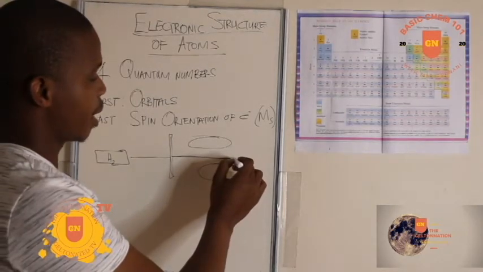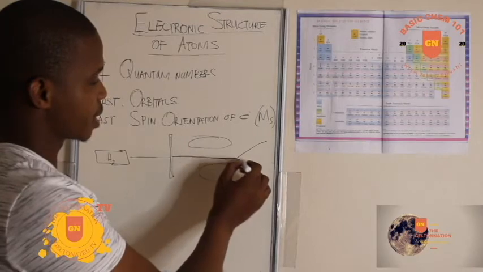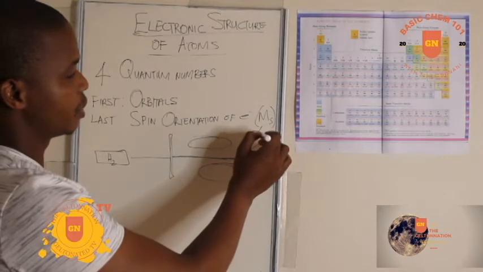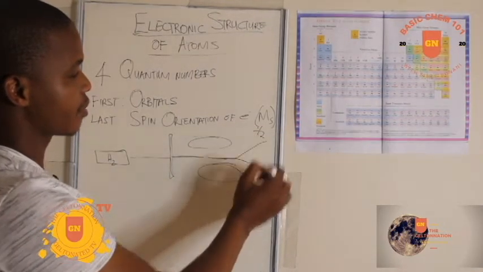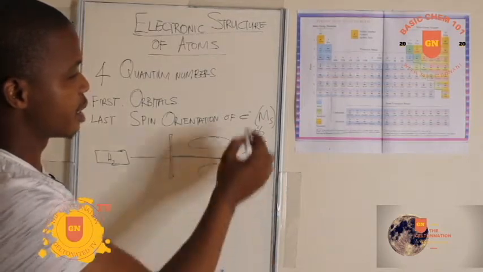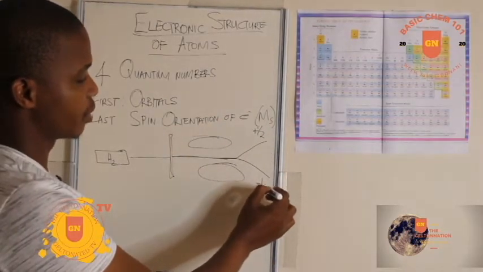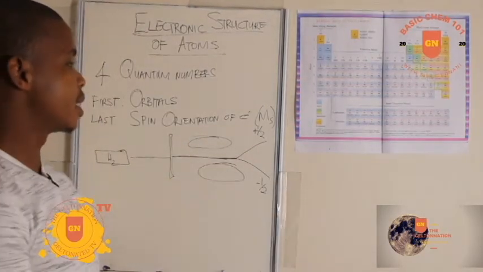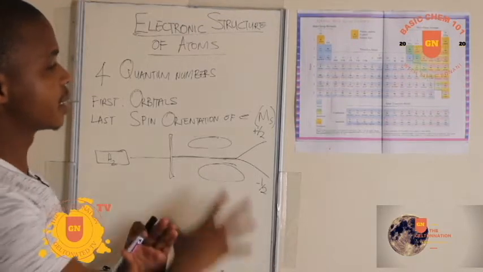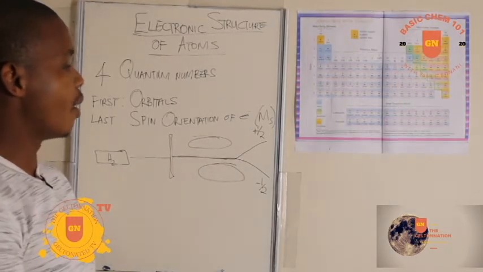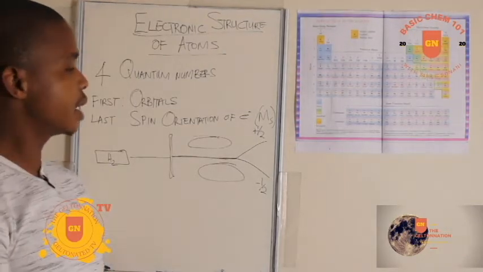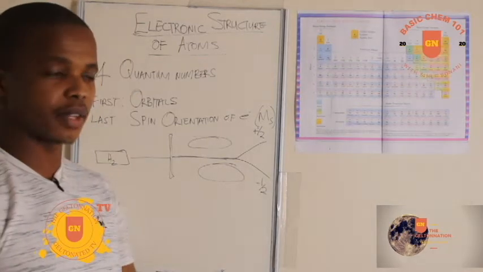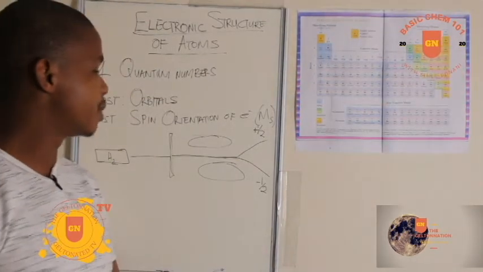But every time, one electron would go this side and one electron would go this side: this one would be your positive one-half spin quantum number, and this one would be your negative one-half spin quantum number. So this is how they discovered the magnetic spin of electrons. They say that these electrons also create a magnetic field of their own, but we will not get much into that.